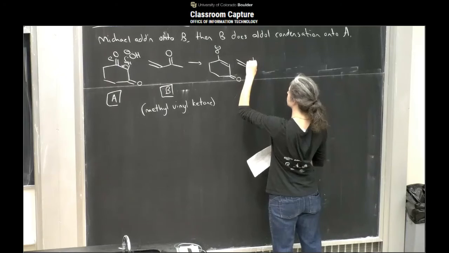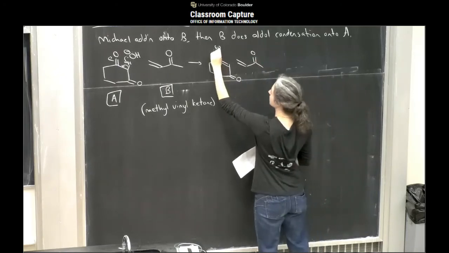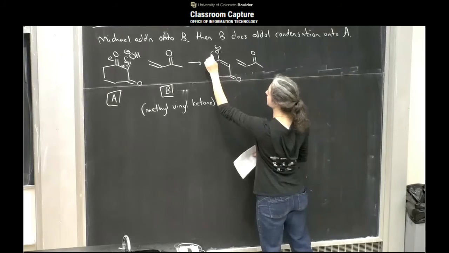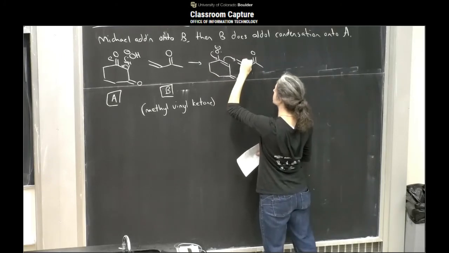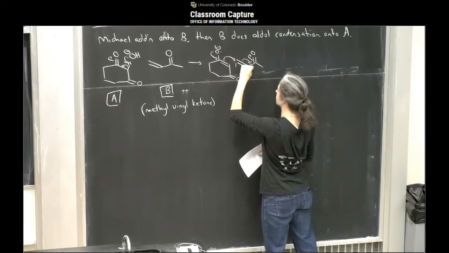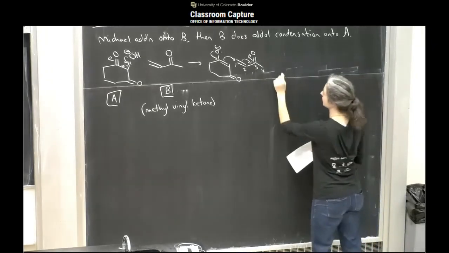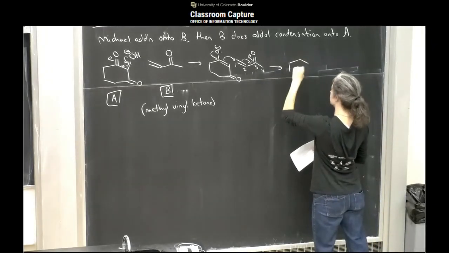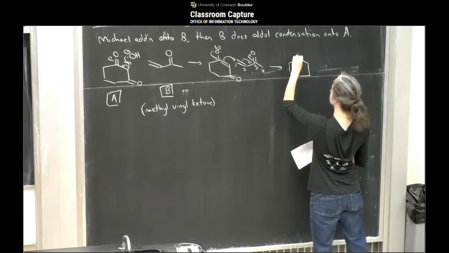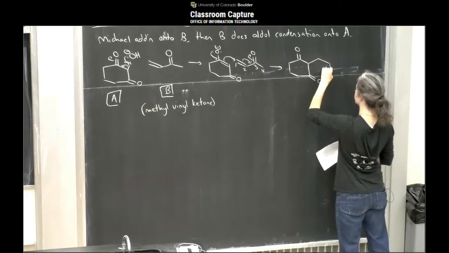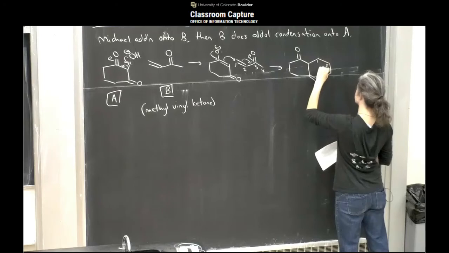And then this enolate we now know is going to go do Michael addition onto here. I'm going to start numbering again. 1, 2, 3, and 4 are the atoms of that molecule that it just attacked. Okay, so 1, 2, 3, 4.